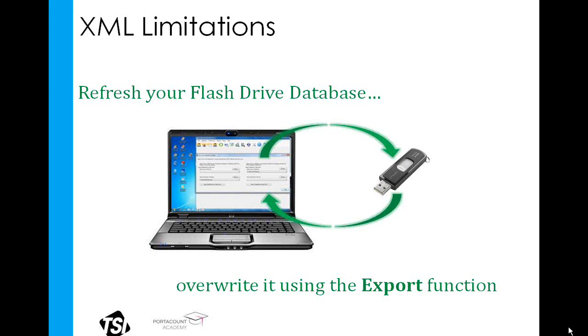Now, by overwriting the database, you will be clearing out your flash drive database of any fit test records, which, again, is no problem, because if you had been using the import function, those records already exist in your FitPro database. By overwriting it and clearing out your fit test records, you can help to keep that database size at a minimum.